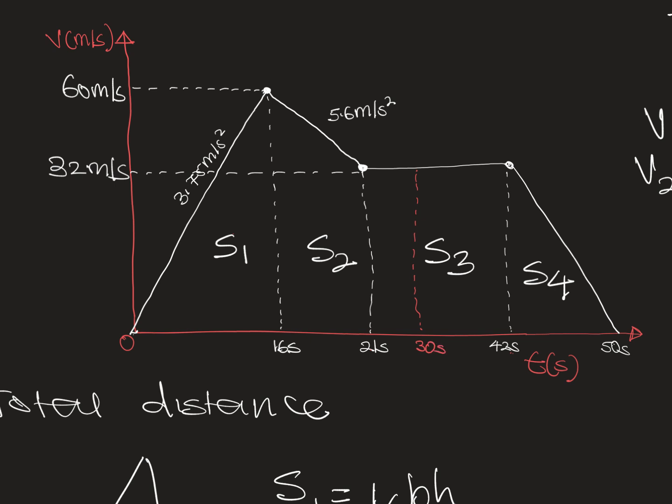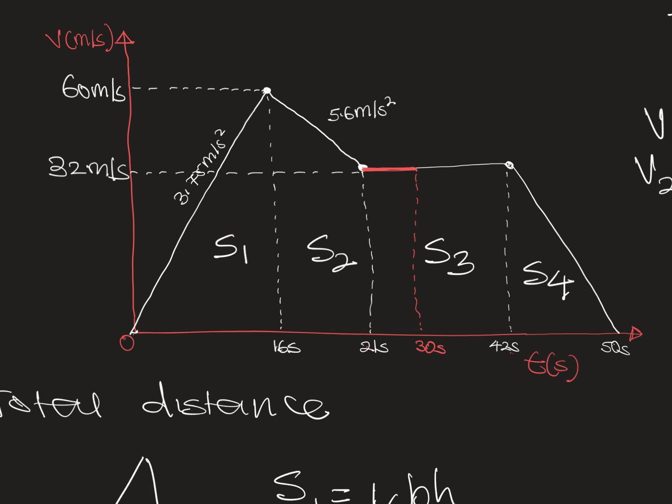It asks us to find the total distance traveled after 30 seconds. So if this is 21, how many seconds do I need to give me 30? The body was maintaining a steady velocity. So that will give 9 seconds, right? It has to be 9 seconds from here.